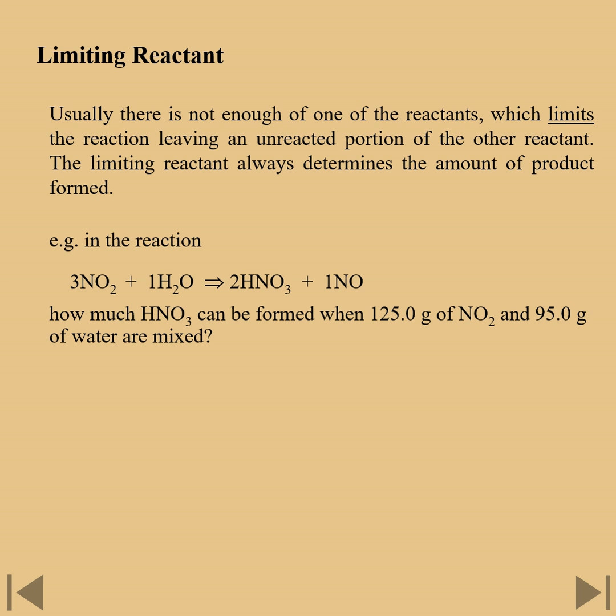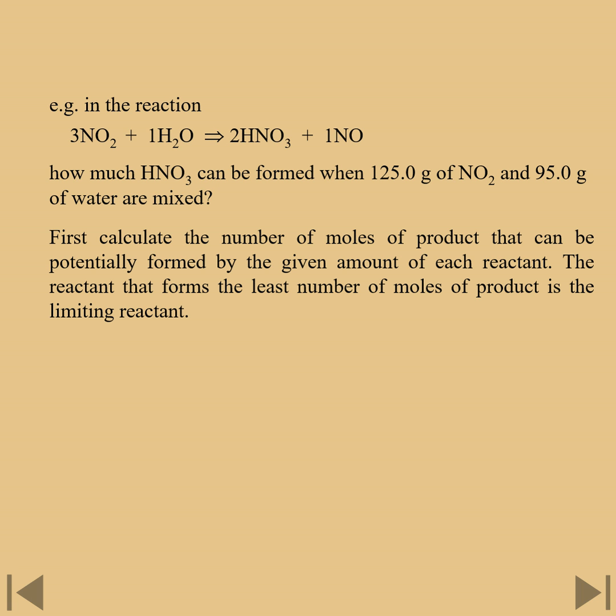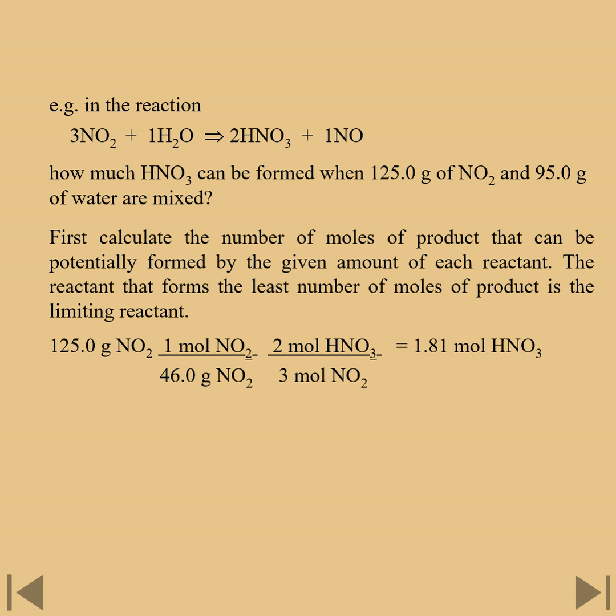So I take that 125 grams of nitrogen dioxide and convert it into moles of the nitric acid. So first from grams of NO2 to moles of NO2, and then from moles of NO2 to moles of nitric acid using the balanced equation.